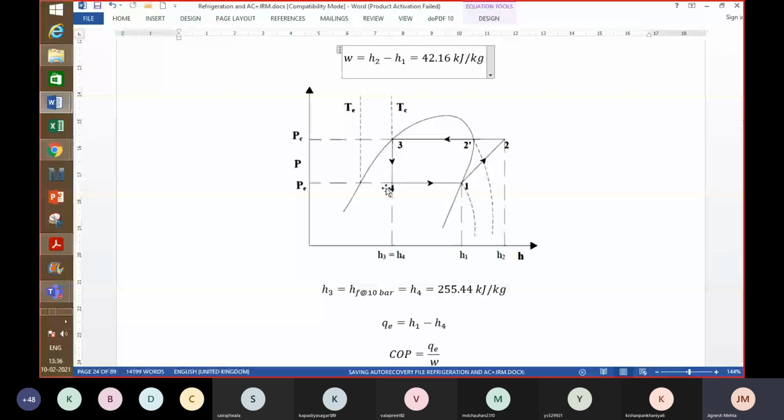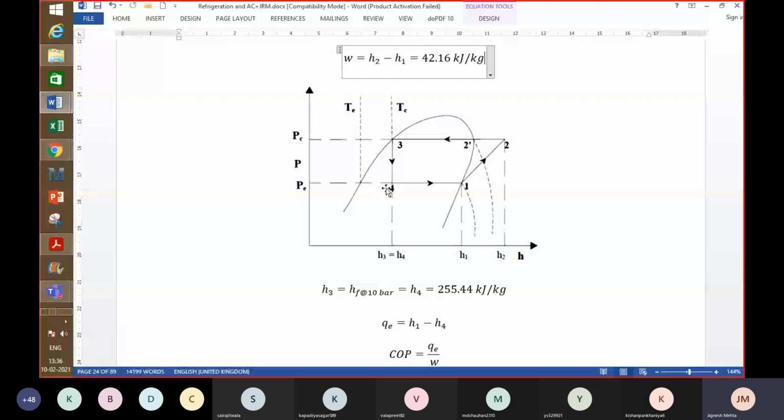And again, you don't know what the dryness fraction is here. So how to get H4? Actually, it's very easy to get H4 because you know that 3-4 is isenthalpic expansion. So enthalpy is going to remain the same. The enthalpy H3 is easy to get. It is nothing but the enthalpy of liquid at 10 bar pressure.